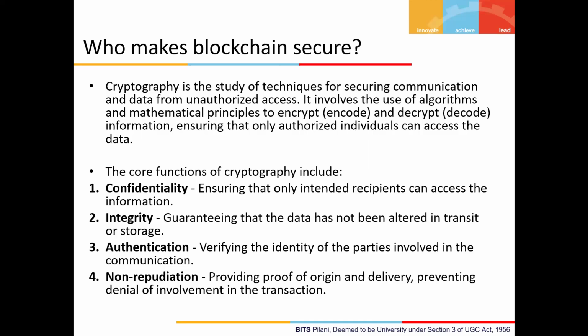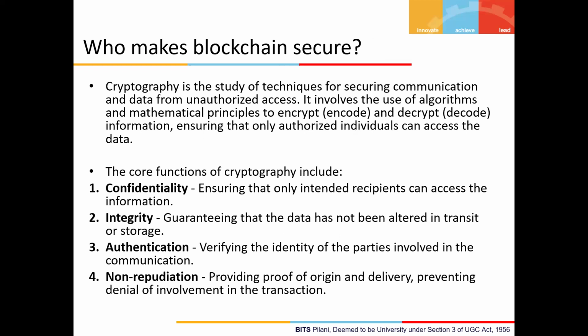So next is: who makes blockchain secure? That is another question. Basically here we use cryptography in order to make blockchain secure. So what is cryptography? Cryptography is a technique for securing communication and data from unauthorized access.